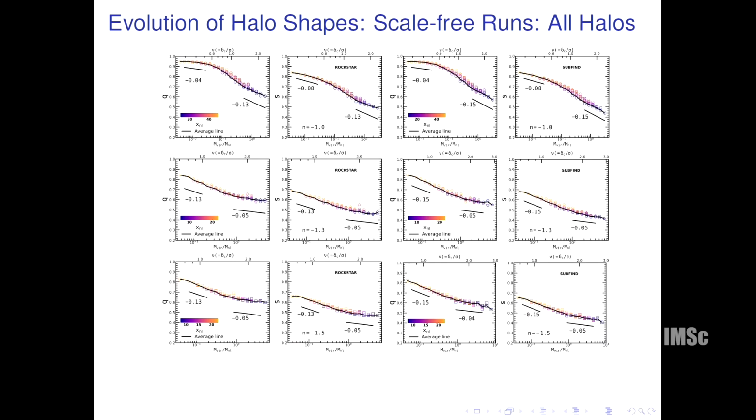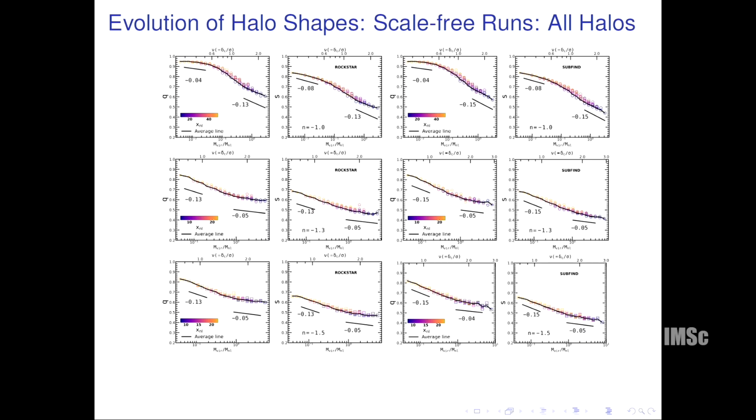Okay. So now what we do is to compute the shapes. We look at the Q and S, which are the ratios of B by A and C by A, and look at their distributions, and what has been plotted is as a function at every output that we have used. Let's just look at these two. These two are for Rockstar, these two are for Subfind. They look similar, so we can just for the time being ignore half of the plots.